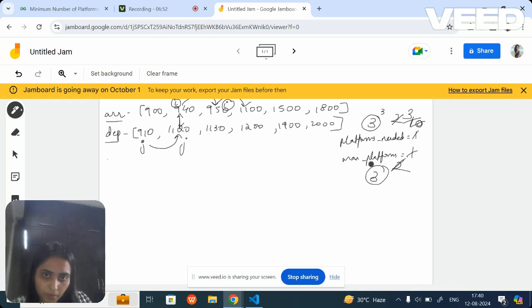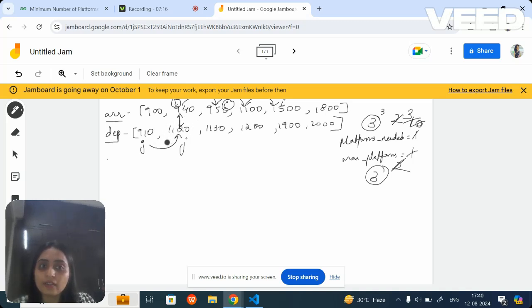3. Okay, so now we go to the next index, i. Now we will check, okay, 3 o'clock. That means 15 is greater than 11:20, right? That means it is going to come later on, and this train will go, correct?